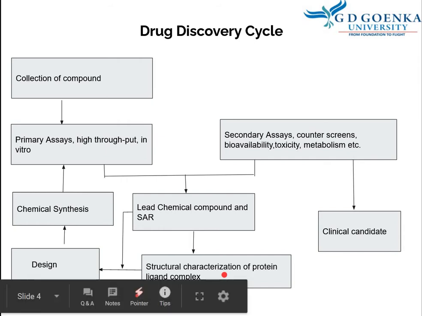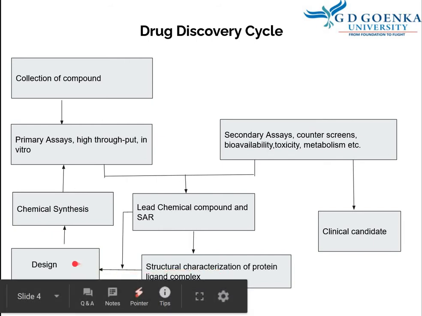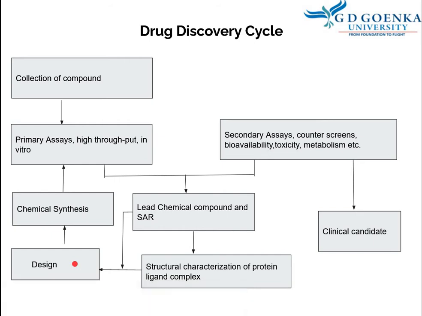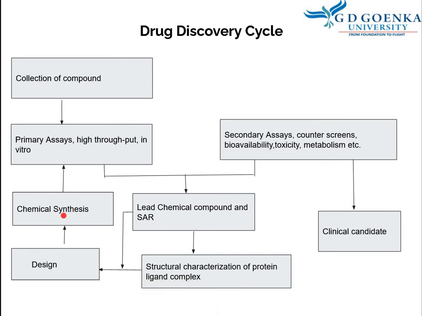Not only that, it also helps to identify the right structural characterization of a protein-ligand complex that can work as a specific lead. Once the lead chemical compound is designed through software, it is synthesized chemically by a synthetic chemist, a manufacturing chemist, in the lab.